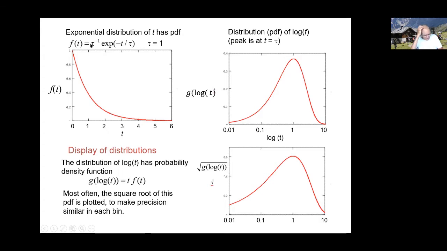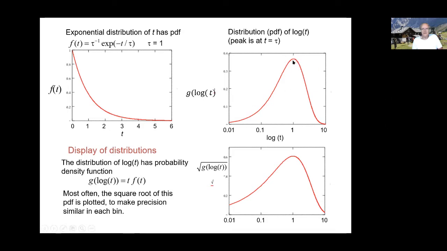Now, the fact is, if you read papers about single ion channels, you hardly ever see a distribution that looks like this, an exponential shape, except in the earliest papers where there are some. And that is because we don't normally plot the distribution of open times, rather we plot the distribution of log open times. And that looks like this.